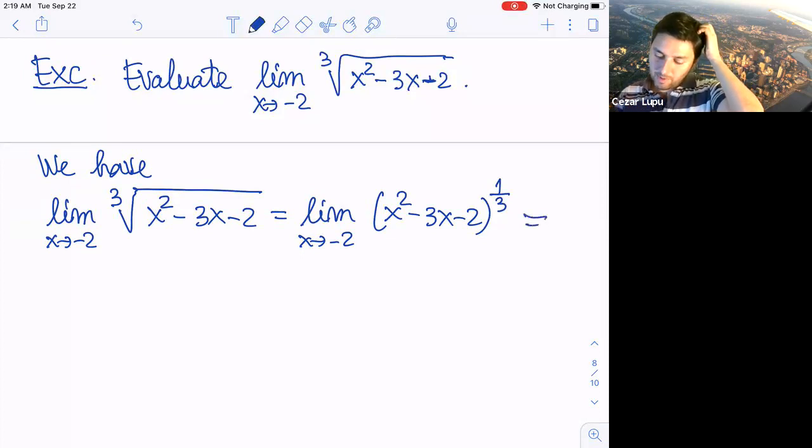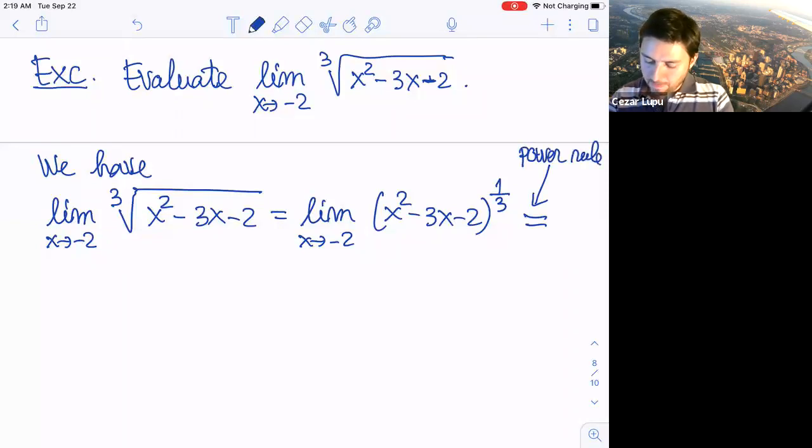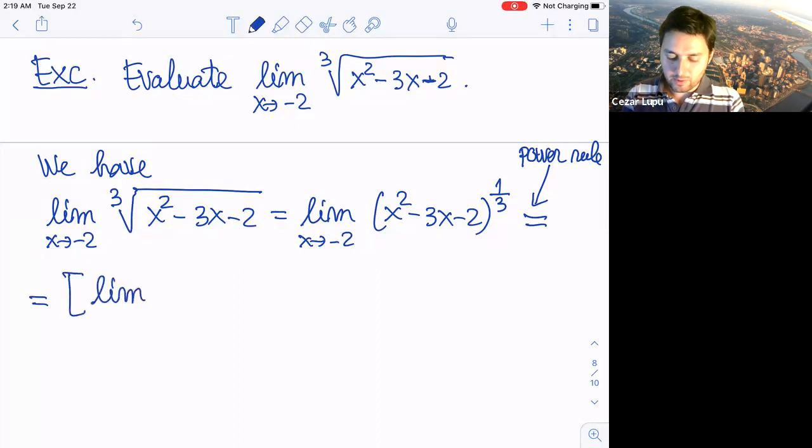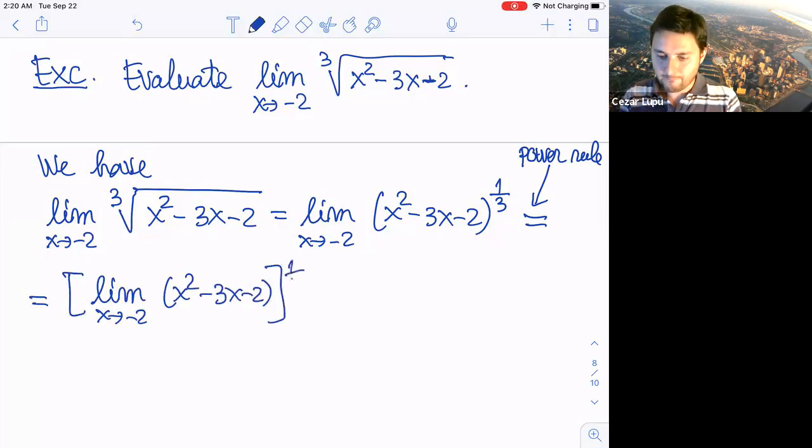Again, by applying the power rule, this will be nothing else than just the limit as x approaches -2 of x squared minus 3x minus 2, and everything to the power 1/3.